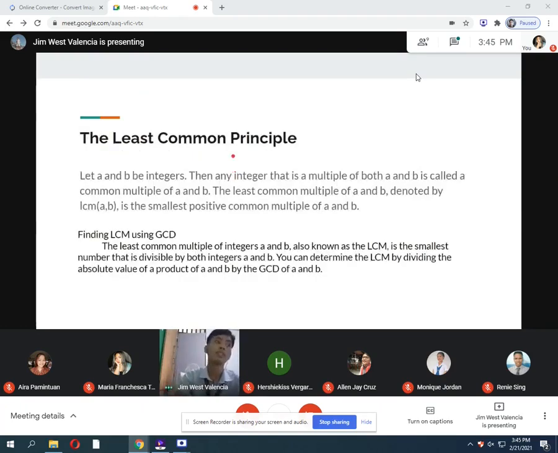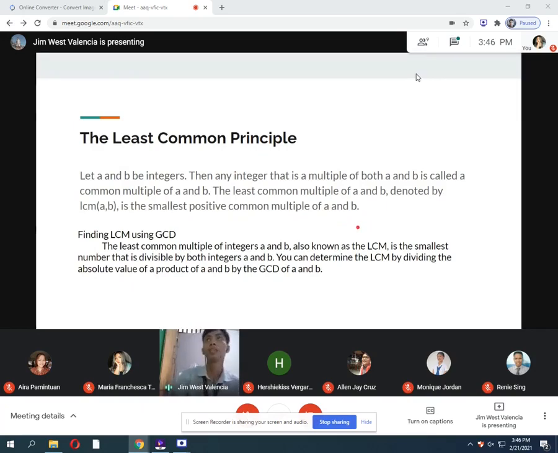First, define what is the least common multiple. Let A and B be integers, then any integer that is a multiple of both A and B is called a common multiple of A and B. The least common multiple of A and B, denoted by LCM(A,B), is the smallest positive common multiple of A and B. So, alam naman natin, pamilyar na tayo dyan.